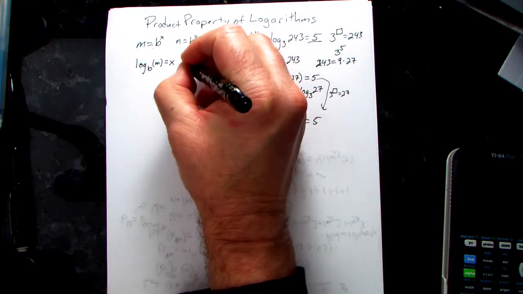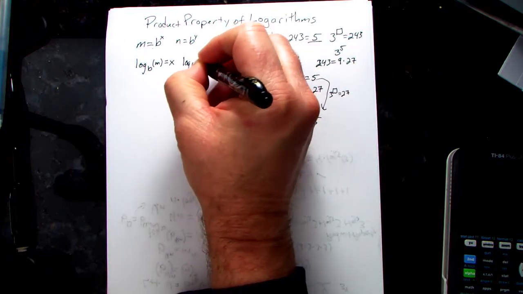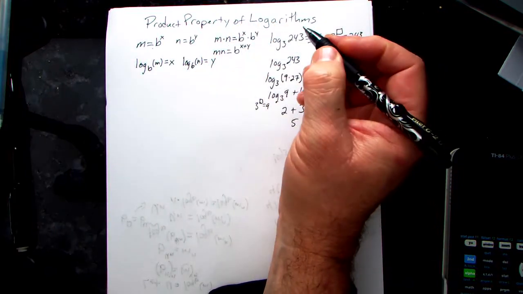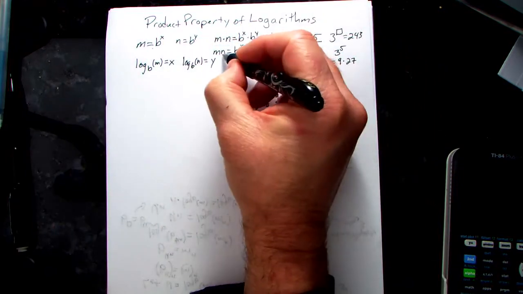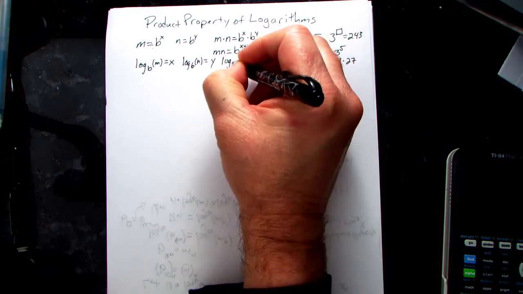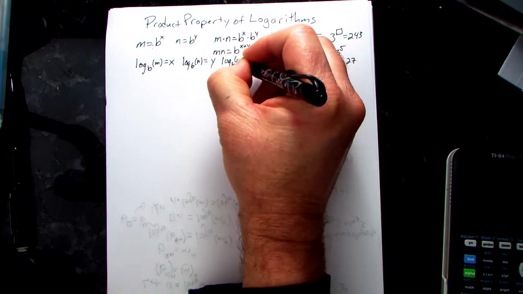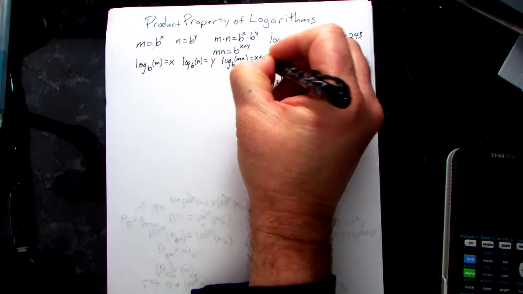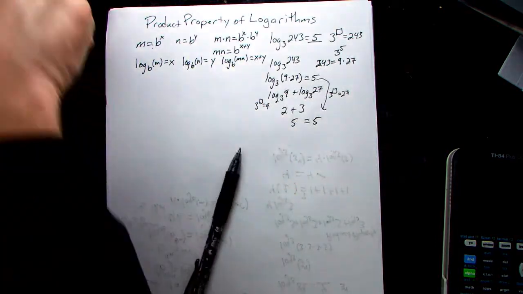This one, log base b of n equals y. Same idea. And then we'll rewrite this one, log base b of mn, that's the product, equals x plus y.